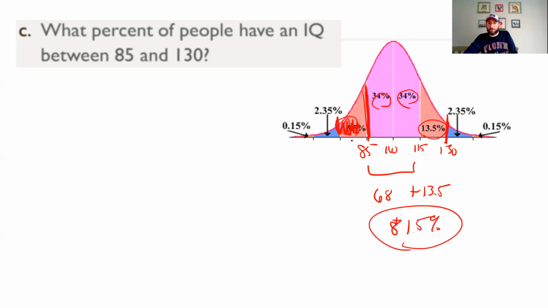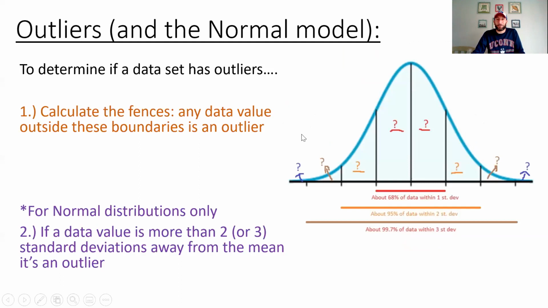Or maybe we try something different. I don't know, nothing's jumping out at me as clearly much easier, right? I could subtract all these outside things from 100. But 68 plus 13.5 is probably going to be your most efficient step, which is, of course, the same as adding all these. All right? Be creative. Try to think about it. So that's it. That's why I work with the empirical rule.